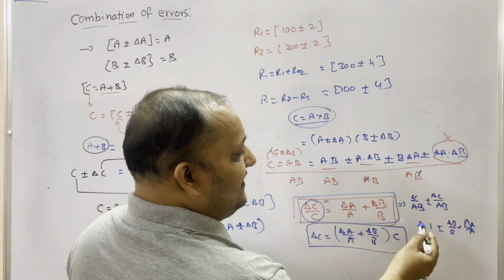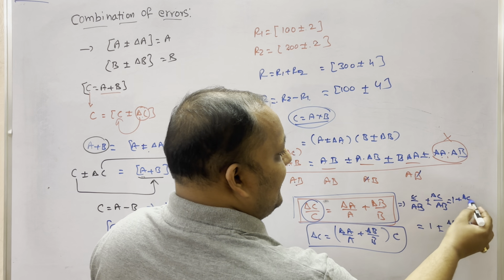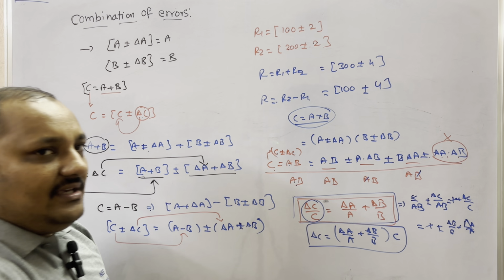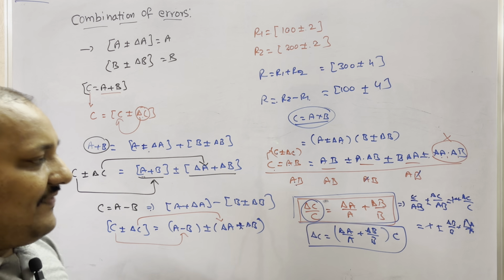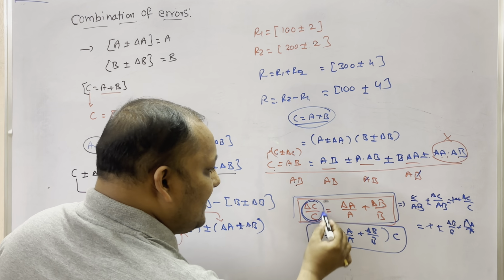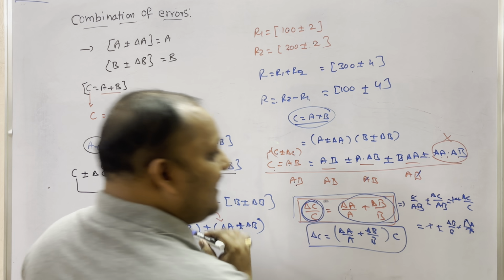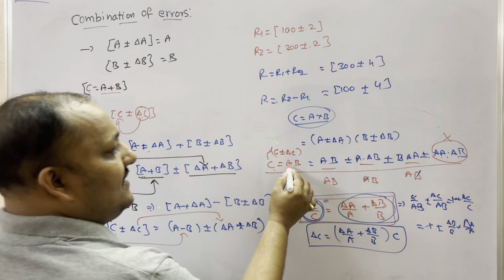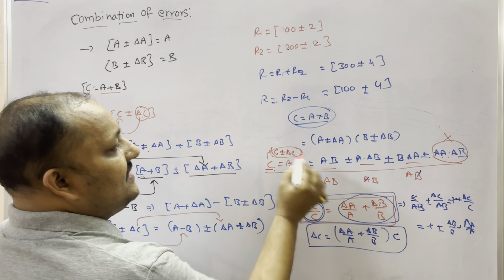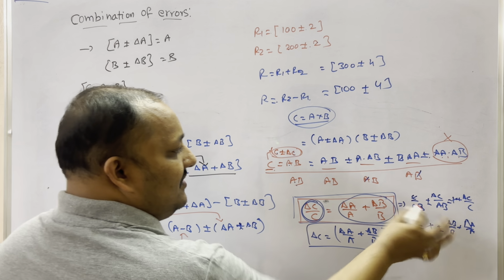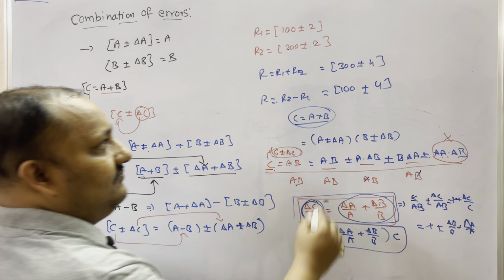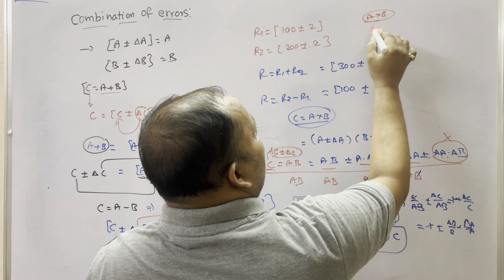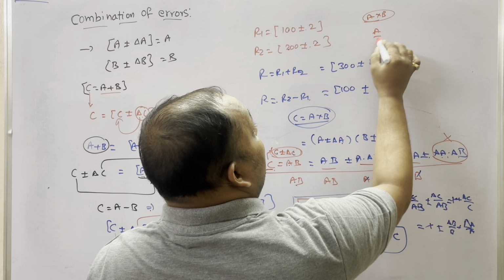Therefore these two cancel, so 1 plus delta C by C. This one cancels and you will get this. Here we don't want the derivation. So finally you have to remember delta C by C is equal to delta A by A plus delta B by B. So just in place of C, I wrote C plus or minus delta C. This calculation we do not require. So this is applicable for both multiplication and division.